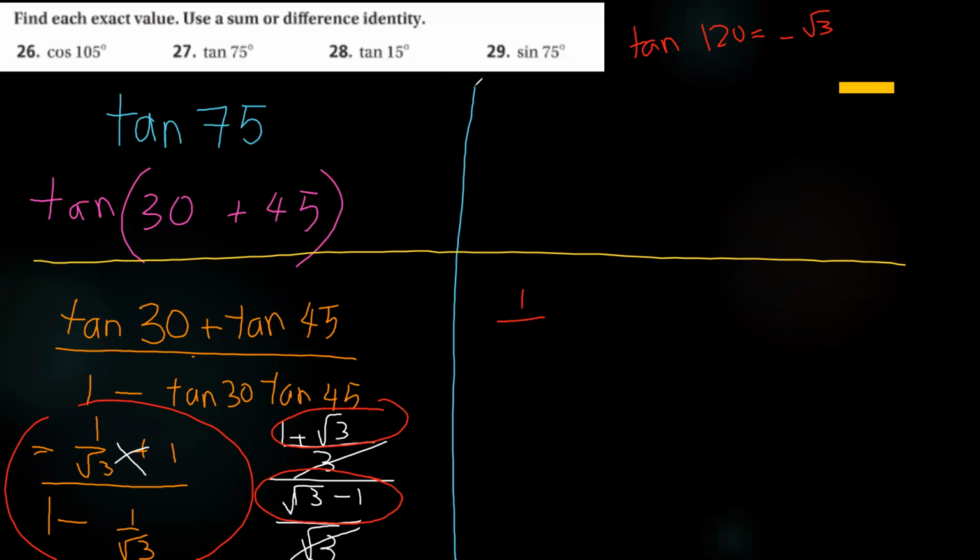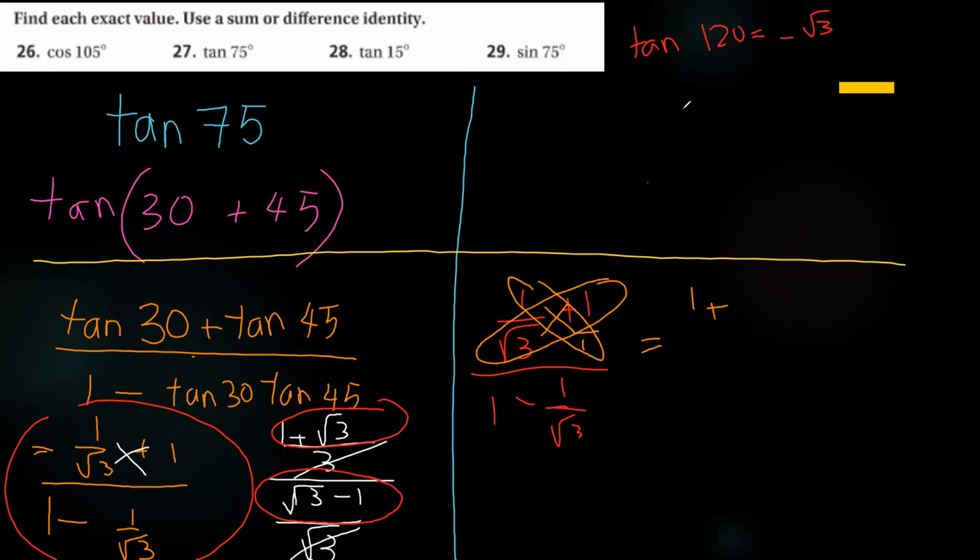Now, 1 over square root of 3 plus 1, over 1 minus 1 over square root of 3. Then here, what did we have? We have to make them have the same denominator by butterfly way or cross product, as you want. We have 1 times 1 plus square root of 3 times 1, which is square root of 3, over the product of the denominators.